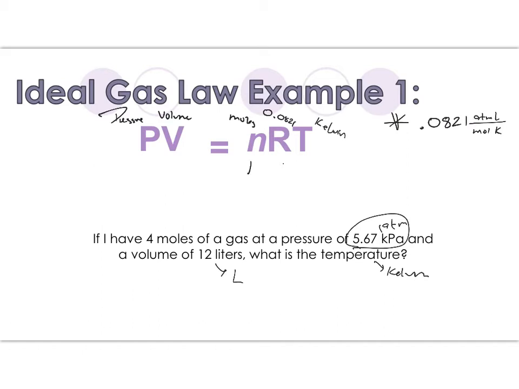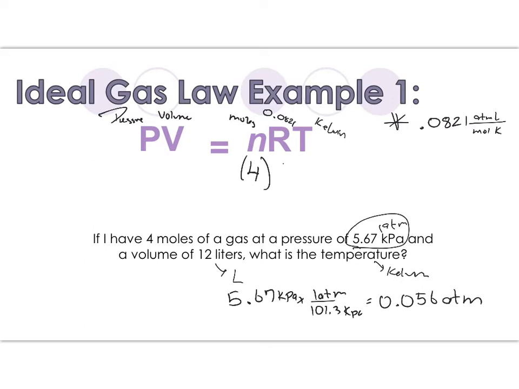So it says you have 4 moles of a gas, and it's giving you a pressure in kilopascals, so you want to convert that. For every 1 atm, you have 101.3 kilopascals. When you convert that, 5.67 divided by 101.3, you get 0.056 atm.